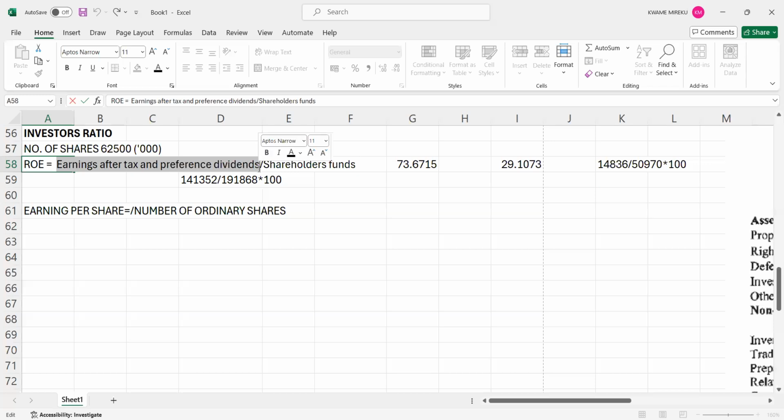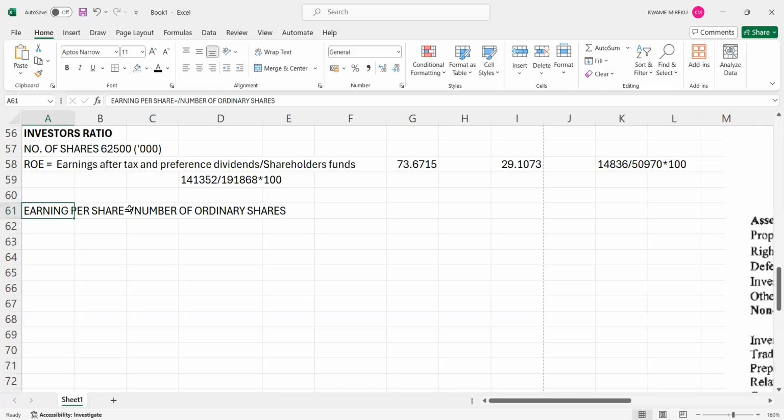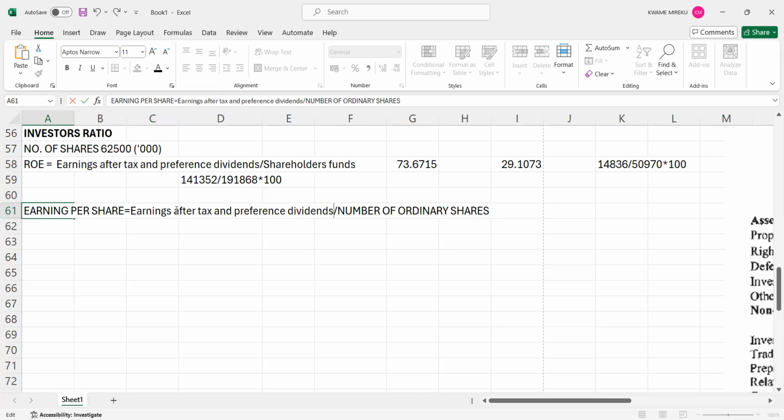The company does not have any preference shareholders, so we can just use the earnings after tax over the number of ordinary shares.